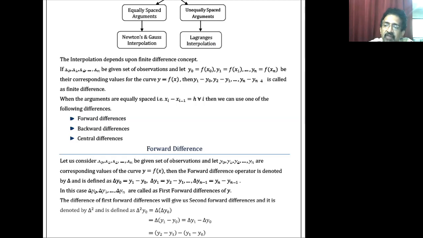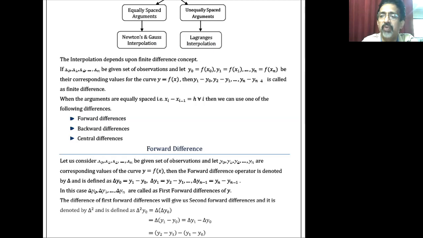Then I define the forward difference of y0 as del of y0 equal to y1 minus y0. That is what I did here. Del of y0, I considered the next value of y0 minus the value of y0, that is y1 minus y0.